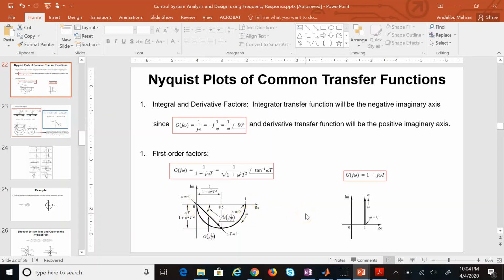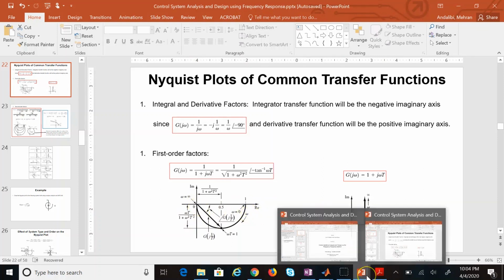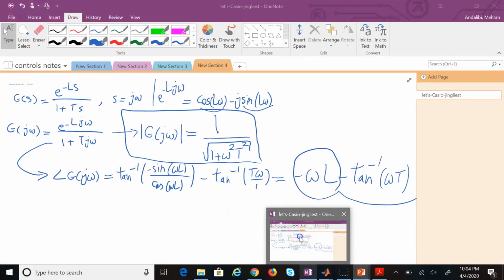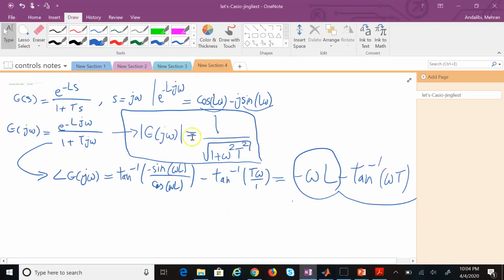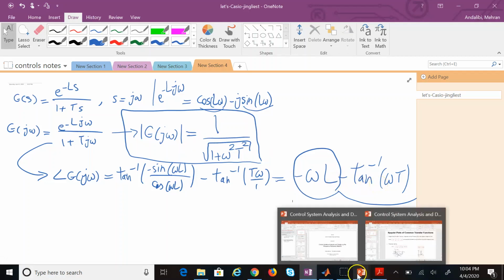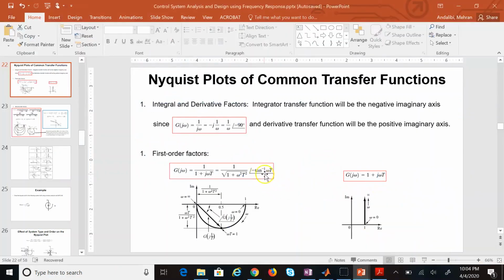Now what about here? If I look at this case, the magnitude is the same, no difference. What about the phase? What's the only difference in phase? In the previous case, let me go take a look again with you. When omega was 0, the phase was 0. When omega went to infinity, the phase was going to negative pi over 2.